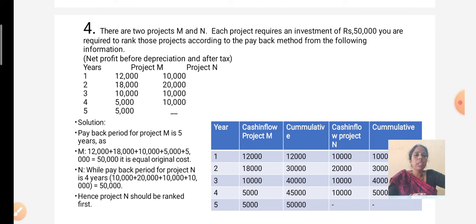So the payback period is 5 years for project M. Now project N: the payback period is the 4th year, because the 50,000 we invested in the project, we get back in the 4th year. Hence project N should be ranked first, since we get back our investment in a minimum of 4 years. So this is about this problem.